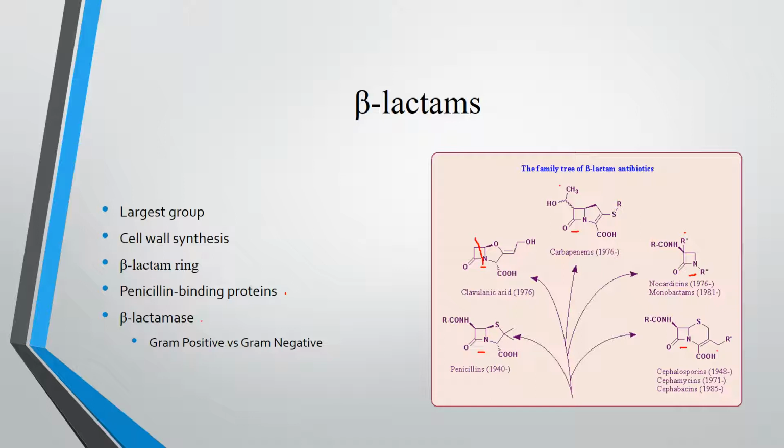layered cell wall, which means that you actually end up with increased resistance to beta-lactams for gram-negatives because the concentration of the beta-lactamases that they produce, and there are many different types of beta-lactamases, is much higher, and so they end up being much more resistant to these particular classes of drugs than gram positives.